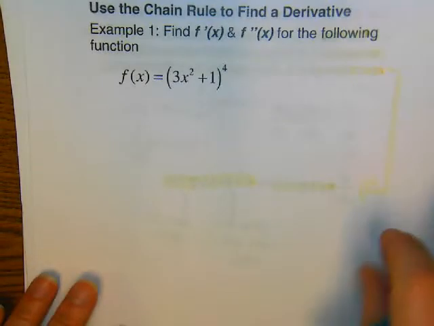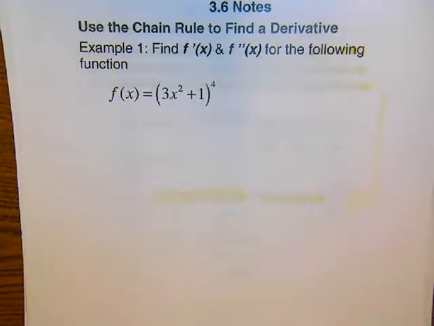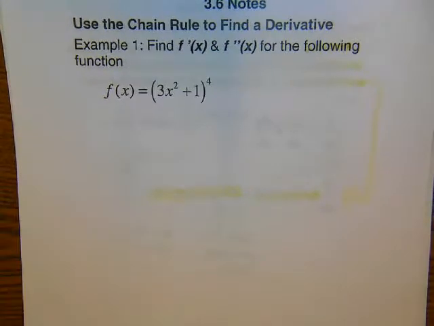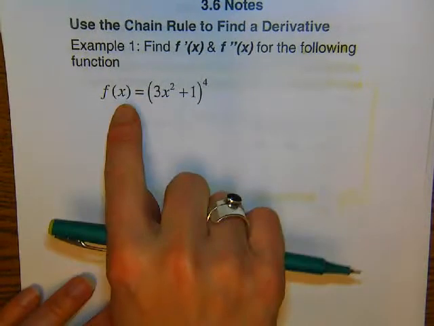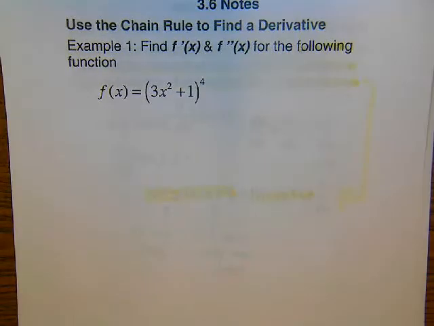Then let's do a couple examples, okay? Example 1. So I'm going to think of this as my outer function and my inner function, and you can write this as like the whole u and du thing.